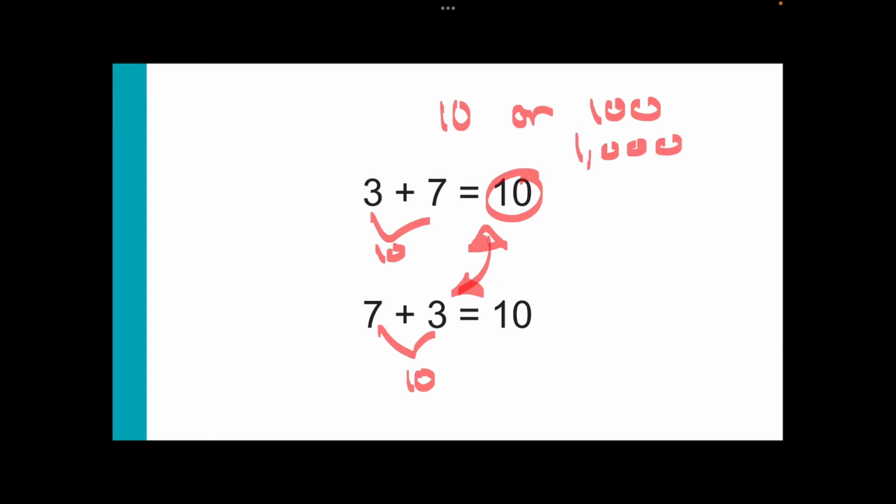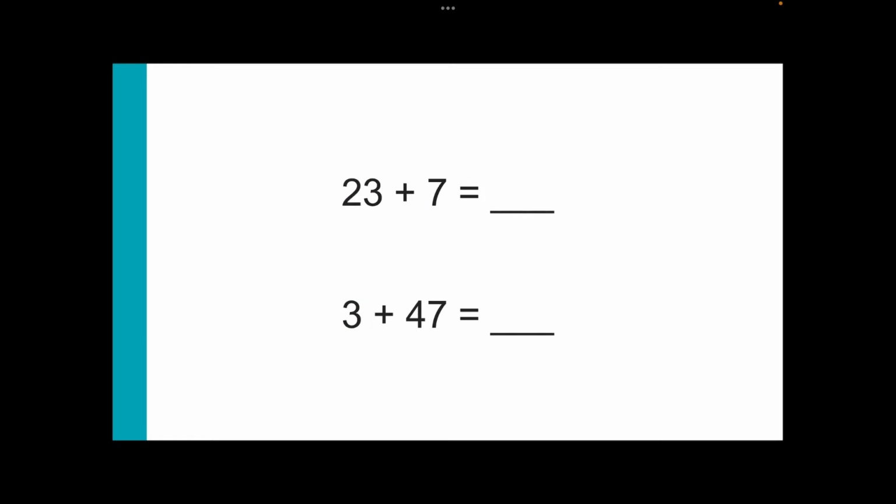All right, so if you find these values that equal up to 10, it will make your mental math really easy when you're struggling. So right here, we have 23 plus 7. We know that 3 plus 7 equals 10.